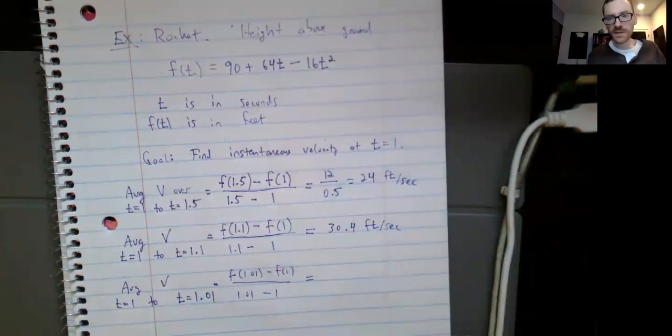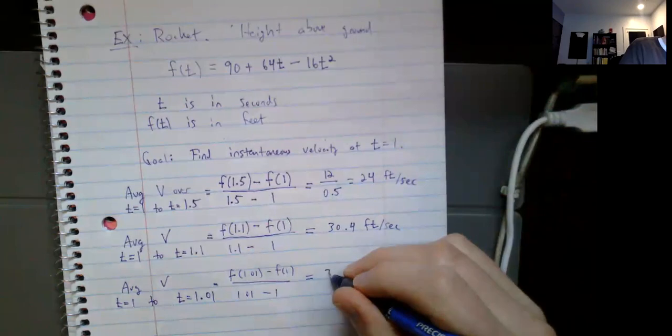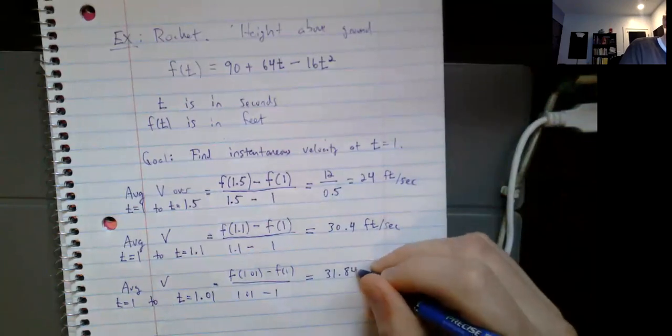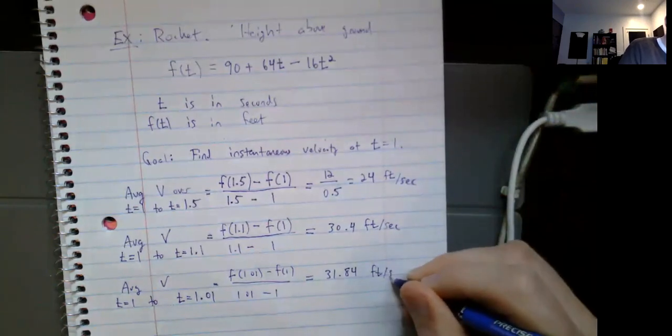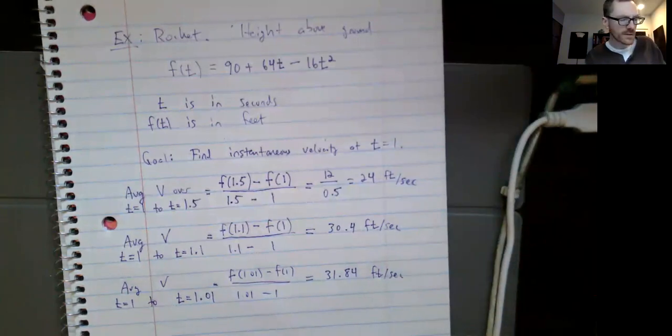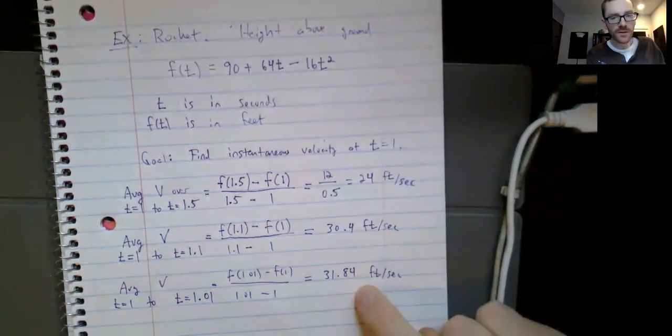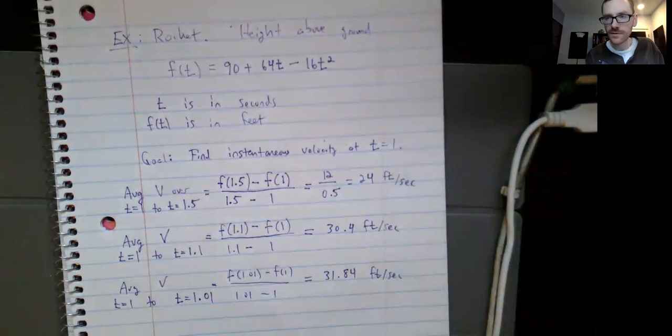If you crank out the answer, you get 31.84 feet per second. Do you notice that there's a lot less change between these two values than between the first two? That means that as I'm shrinking the interval, the average velocity is settling down and approaching something. What it's approaching is the true instantaneous velocity at t equals 1.